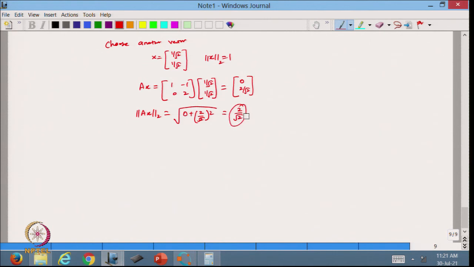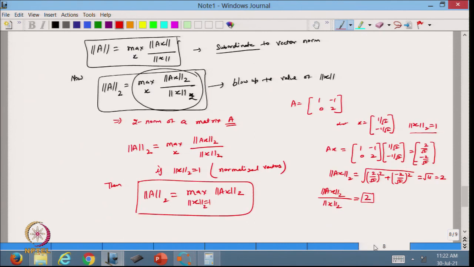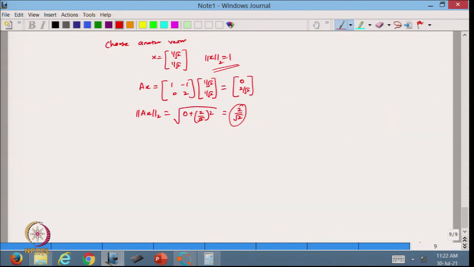It is less than 2, but greater than 1. So, we started with a vector whose norm is 1 and its value slightly changed. So, I will take all these vectors and then take the maximum.